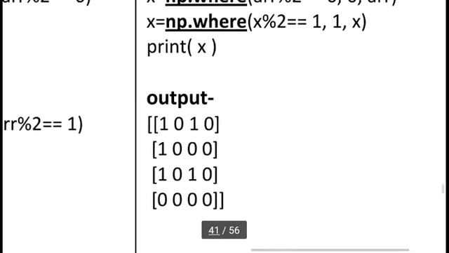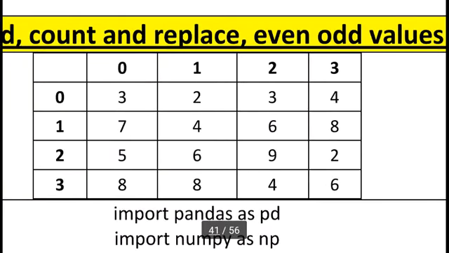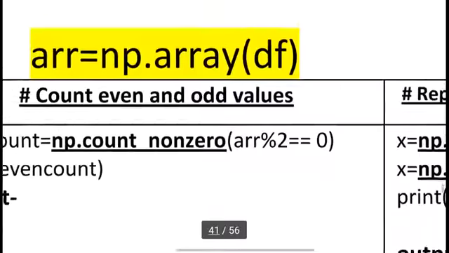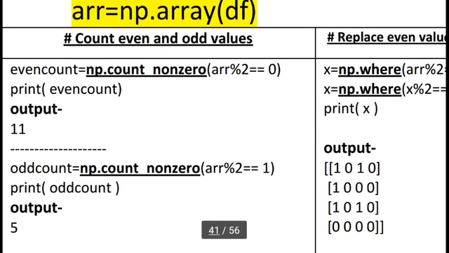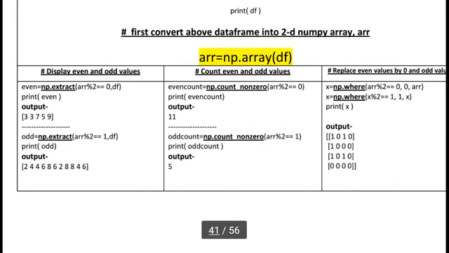You can see this is our data frame. In this, all the even values are replaced by 0 and all the odd values are replaced by 1. So these three important functions give important analysis.